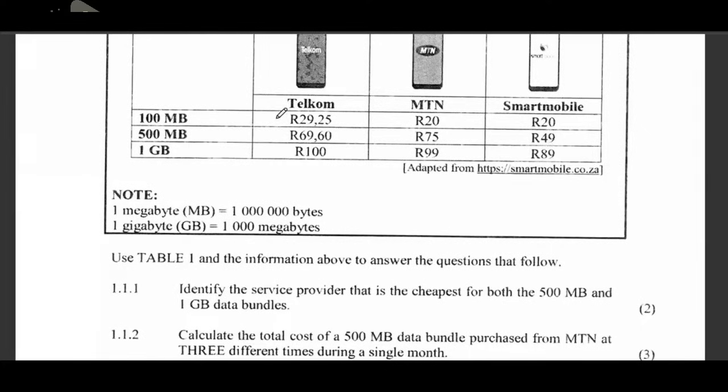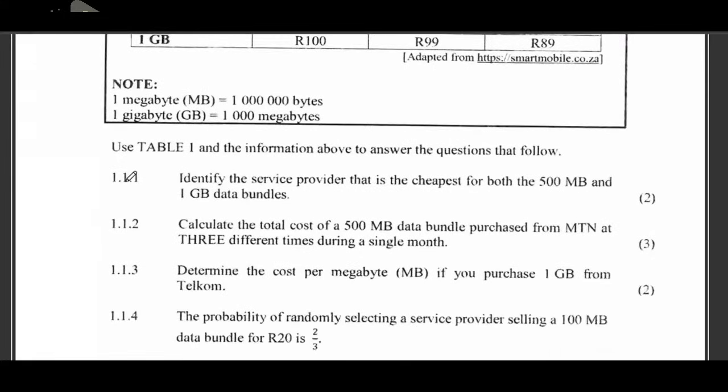Okay, the first one talks of 100 MBs, and this is how much you pay for Telecom. This is how much you pay for MTN, and this is how much you pay for Smart Mobile.